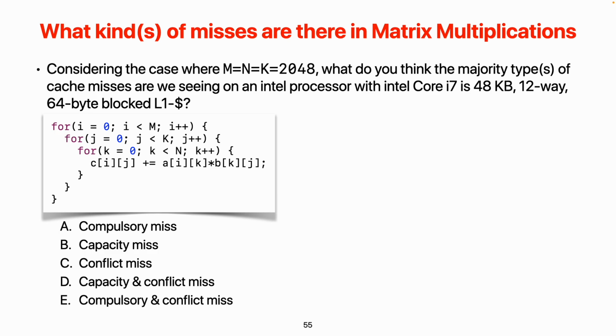You have 2K elements times A. 2K elements times A. How many? How much space do we need? 16K per row, 16K per column. That should be good.